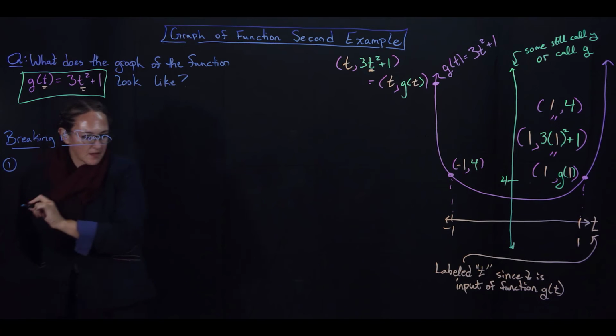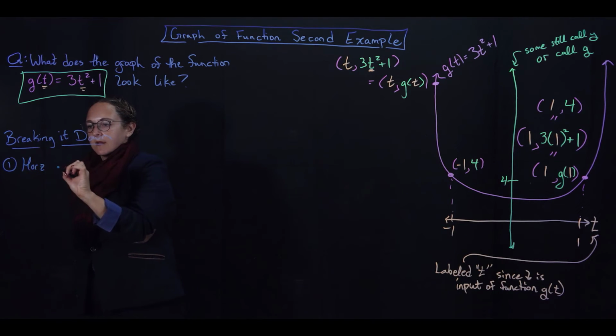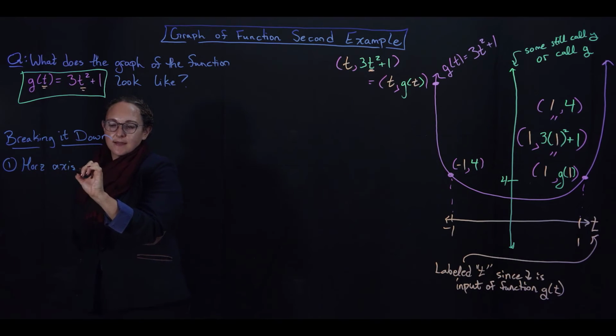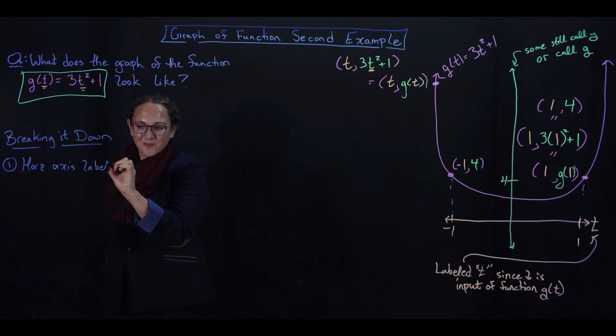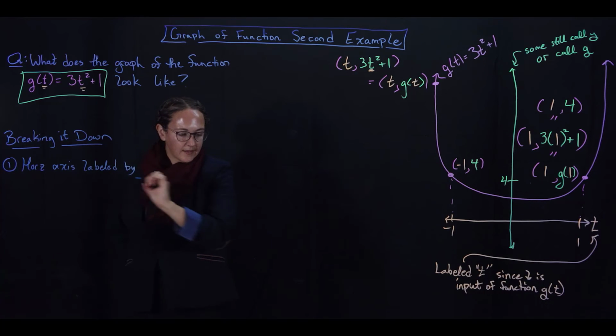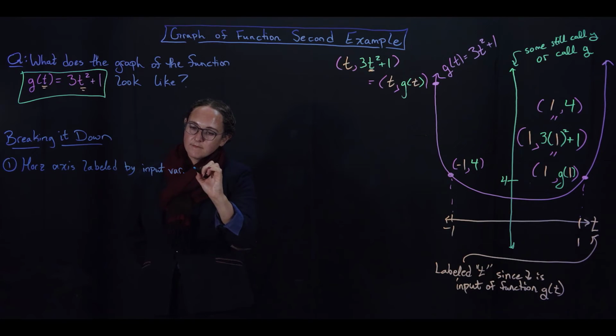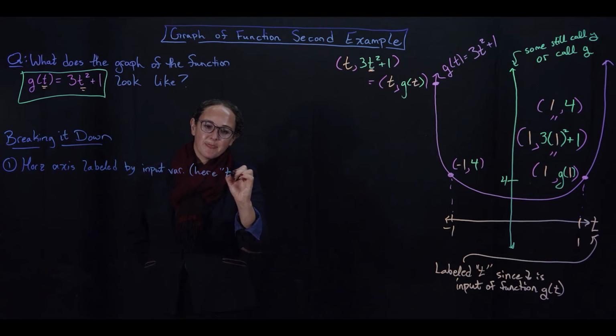So the horizontal axis is labeled by our input variable, which here is t.